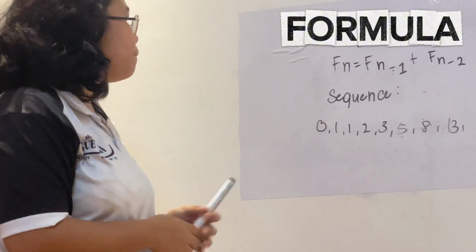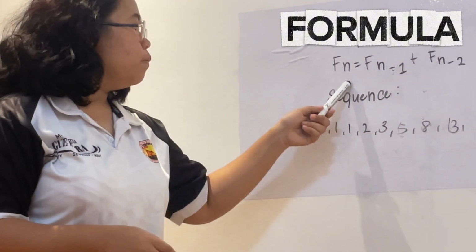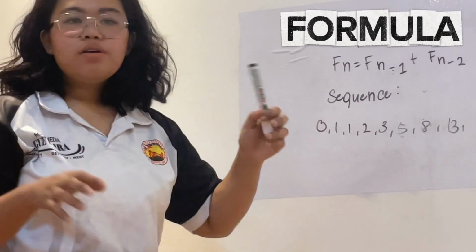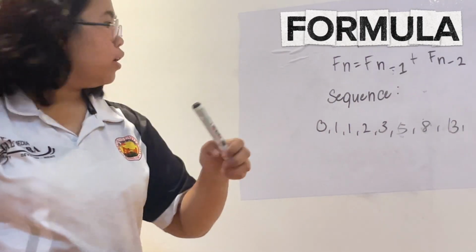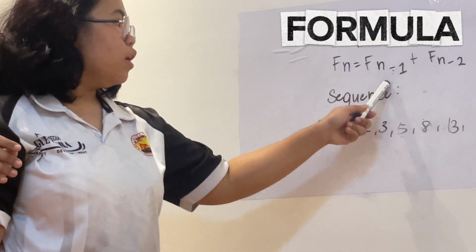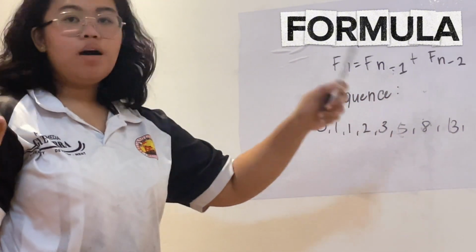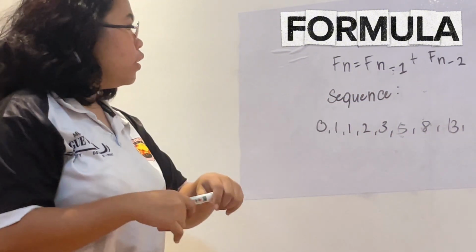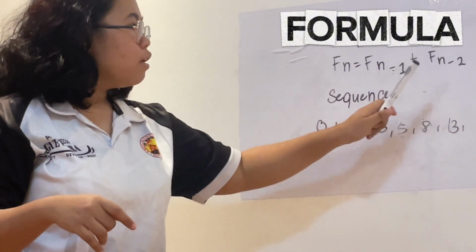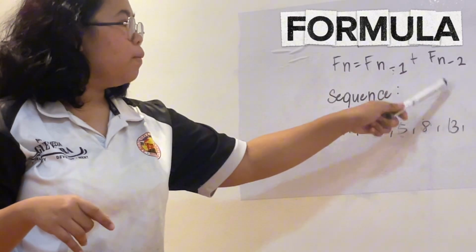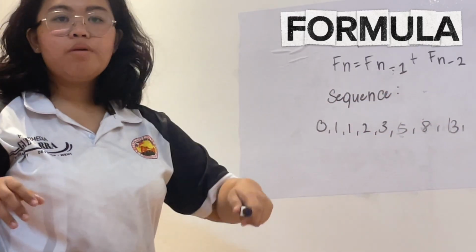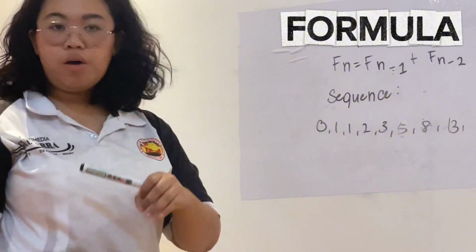Sequence. So, F sub n, the current Fibonacci number, is equal to F sub n minus 1, the previous number, plus F sub n minus 2, the number before the previous one.